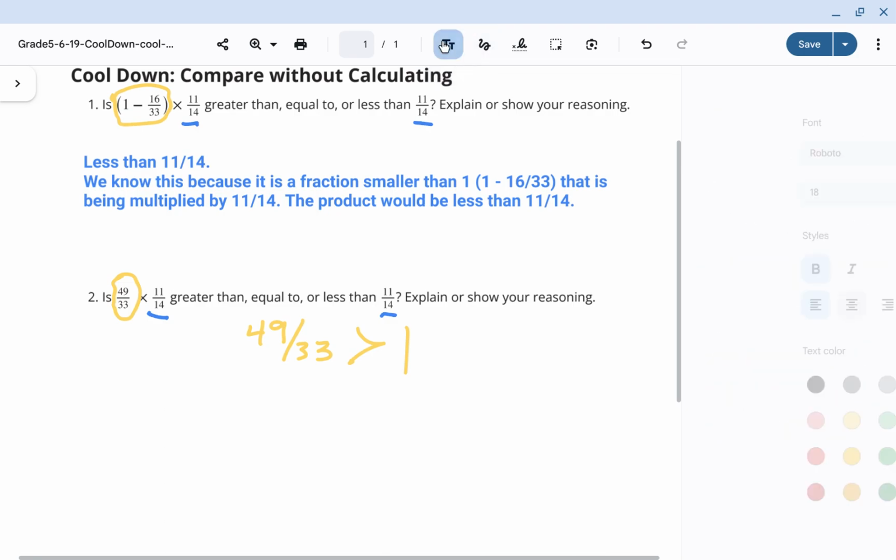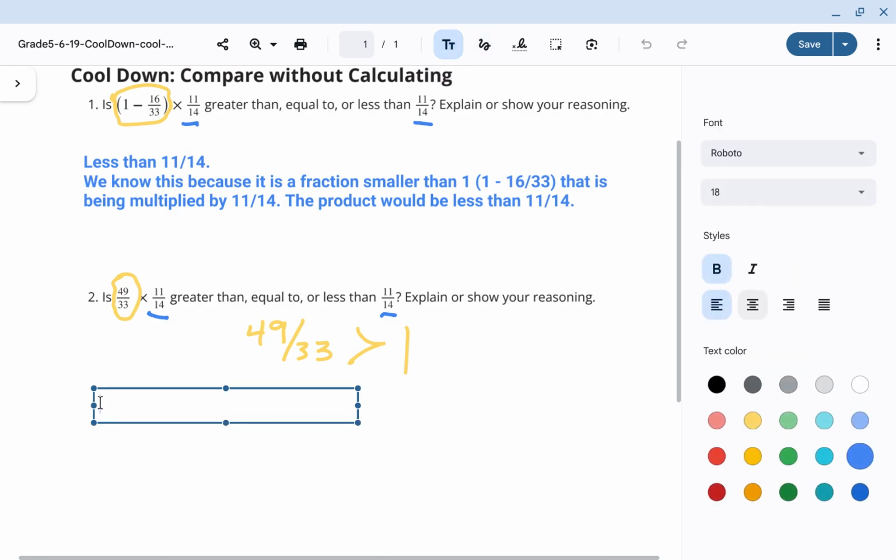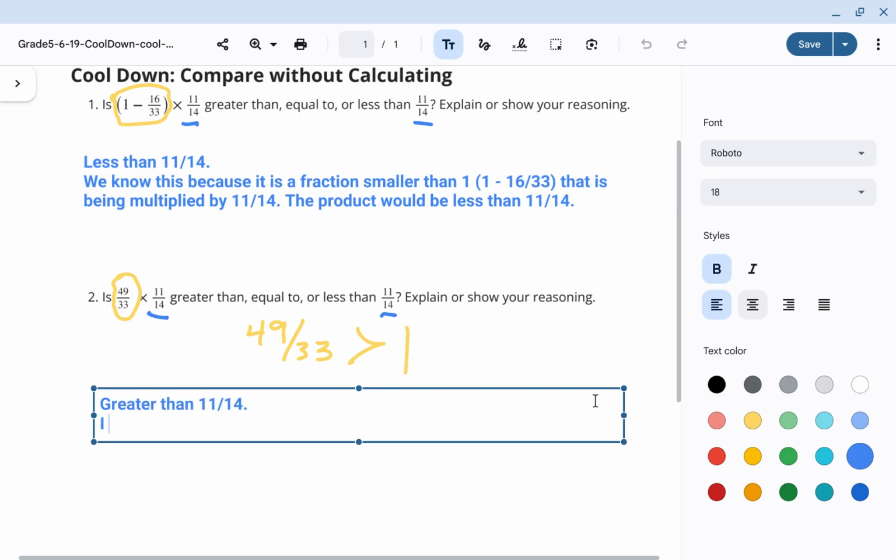Because I know that to be true, I know that if that first factor is greater than 1, and I multiply that by 11/14, my answer is going to be greater than 11/14.